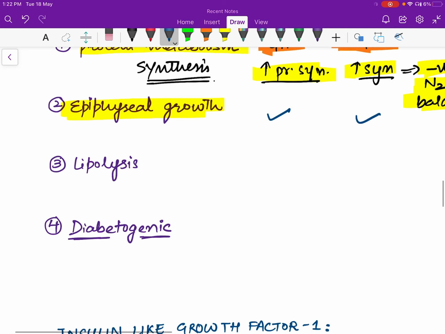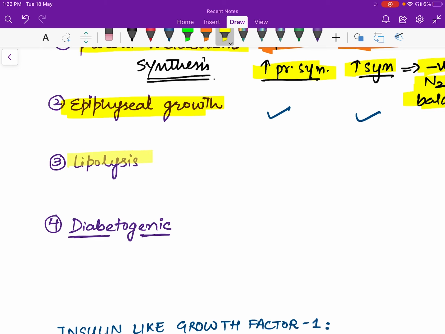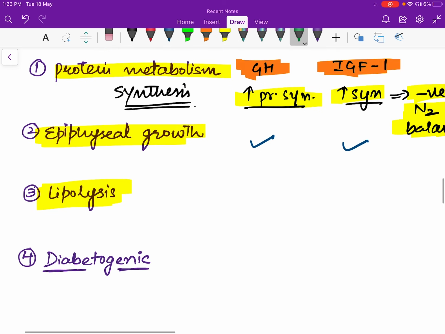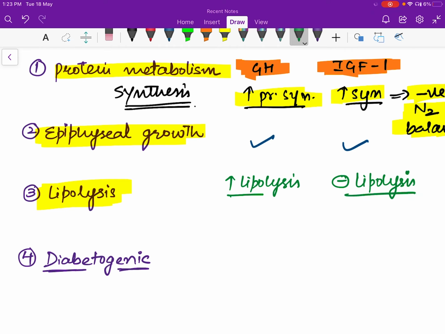Now, if we talk about another action, lipolysis. Growth hormone increases lipolysis, whereas insulin-like growth factor inhibits lipolysis. Now, the main question is which effect is good? Actually, an increase in lipolysis is not a good effect at all. Why? Because whenever there is an increase in lipolysis, it's going to increase free fatty acids.